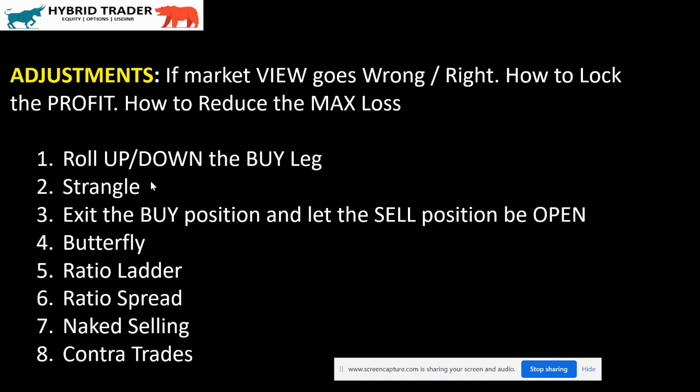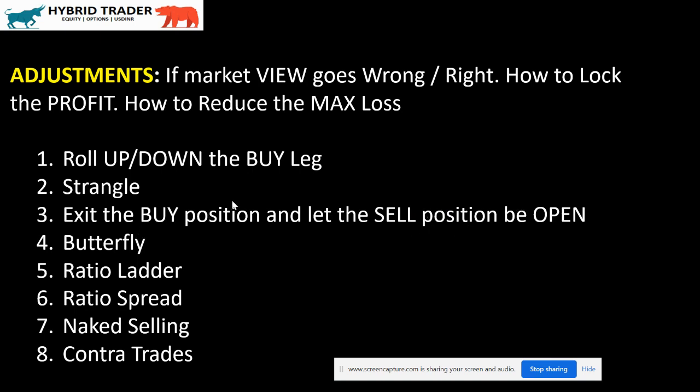If the market goes against our view, we have one strategy, converting it to a strangle. I'll explain in the upcoming sessions. Another option is to exit the buy position and let the sell position stay open.